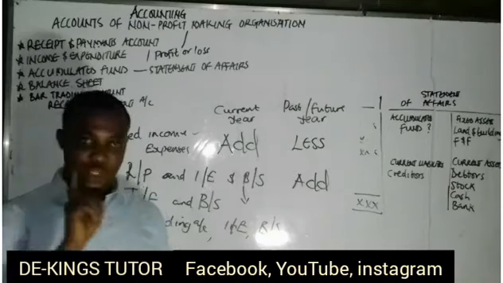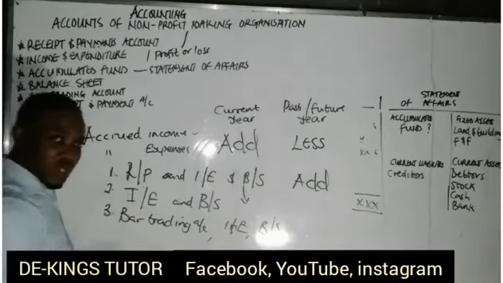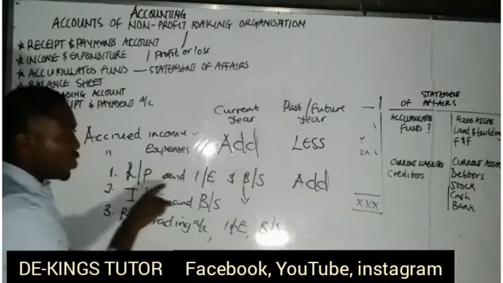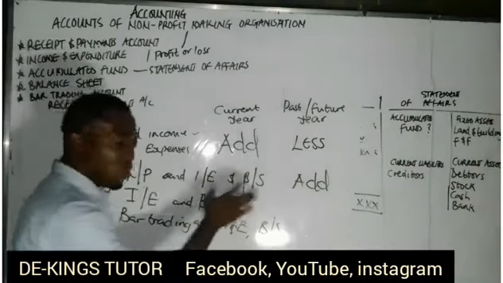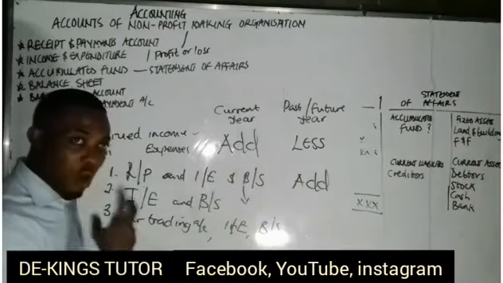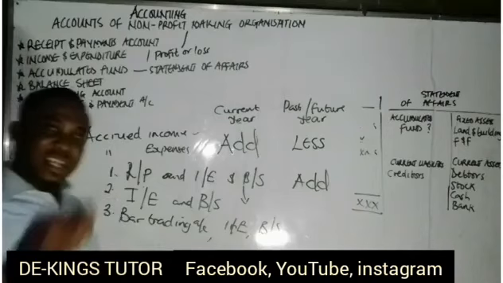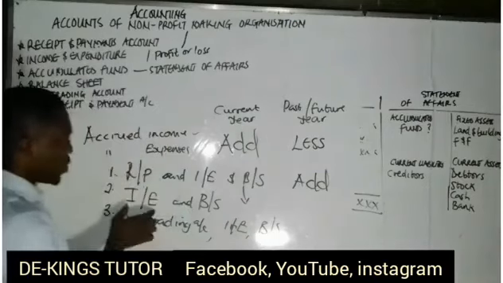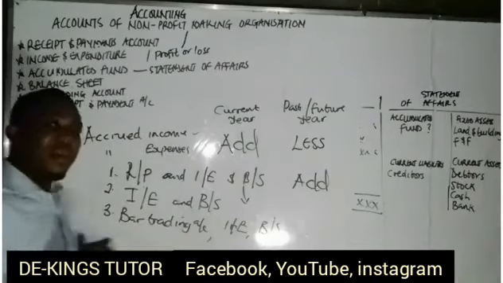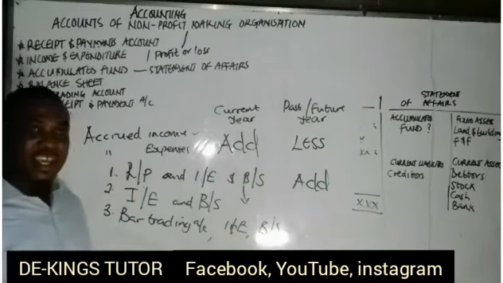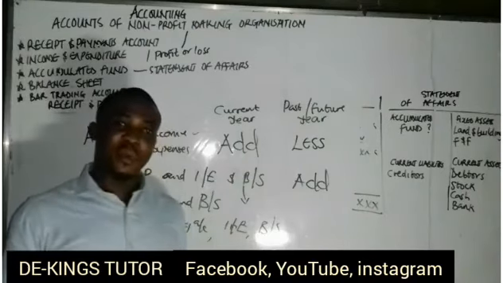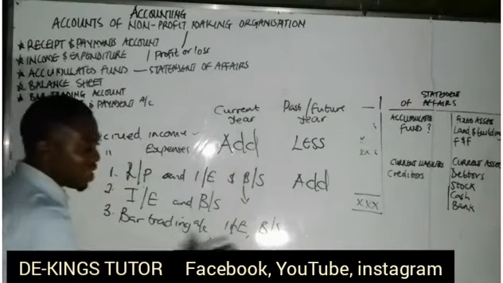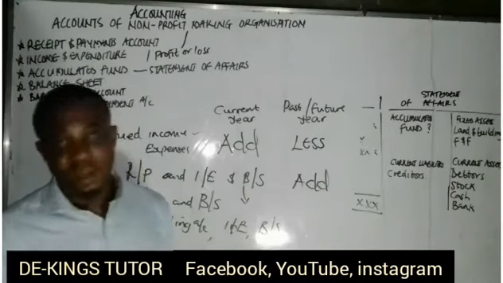The first one, you'll be given a question either from a trial balance or a generalized question; you prepare a receipt and payment account, income and expenditure, and balance sheet. Or the second way, a question coming from an already existing receipt and payment account, and you prepare income and expenditure and balance sheet. Or the third way, if that non-profit organization has done a trading activity, you prepare their trading account, their income and expenditure, and the balance sheet.